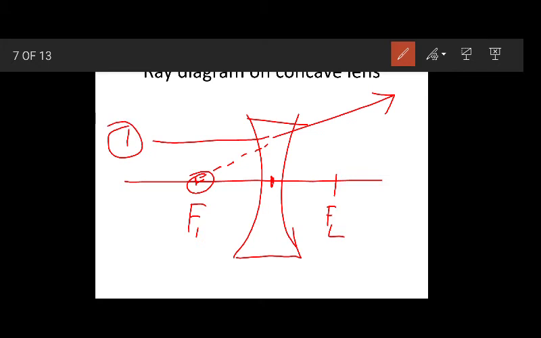And when light rays pass through the optical center, it does not change the direction, similar to the convex lens, number 2.